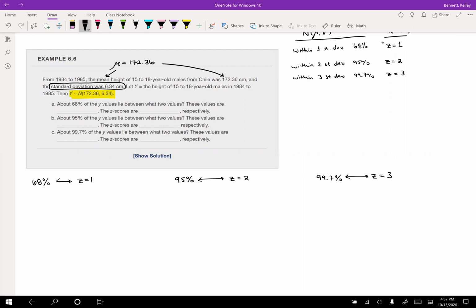So all I want to do is convert these z-scores into x values, right? So I want to say, okay, well, 1 equals x minus the mean, mu, 172.36, divided by 6.34. So I'm going to multiply each side by 6.34.